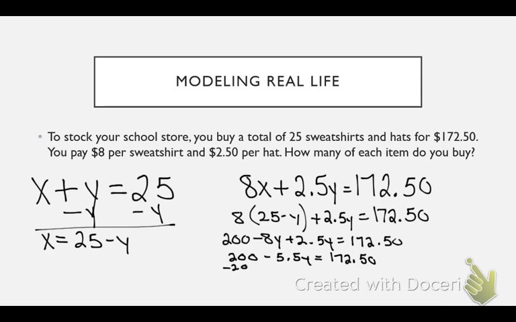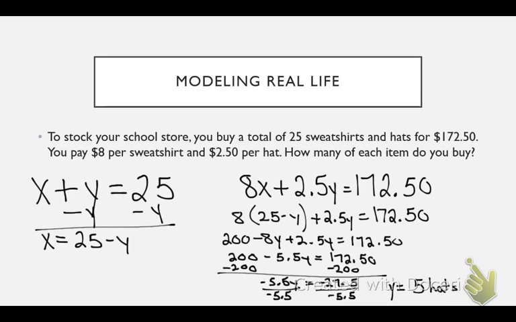Subtract 200. All right, just following the steps here. Negative 5.5y equals negative 27.5. Divide by negative 5.5. And y equals 5. 5 what, guys? 5 hats.